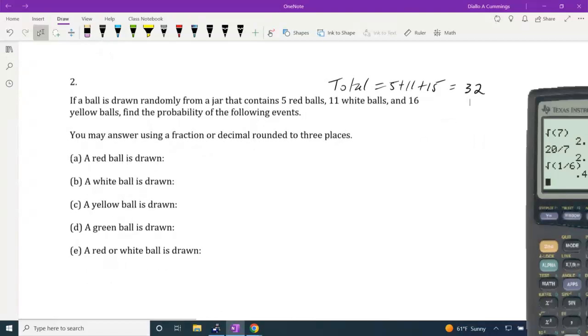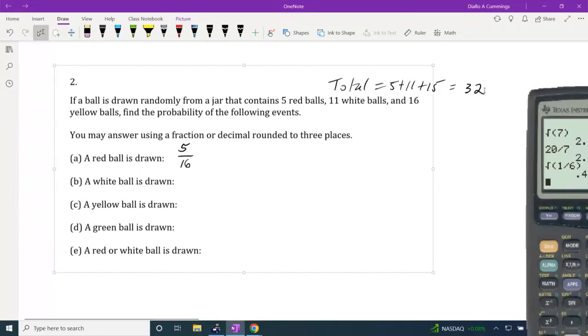So for a red ball being drawn, we put the total of all of the balls in the jar, that's our denominator, 32. And out of those 32, how many are red? 5. So that's our probability, 5 out of 32.